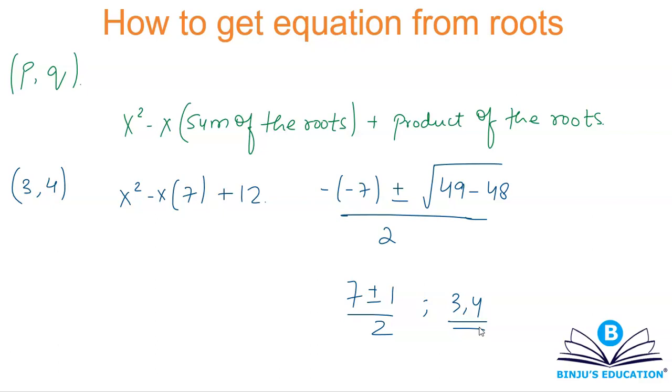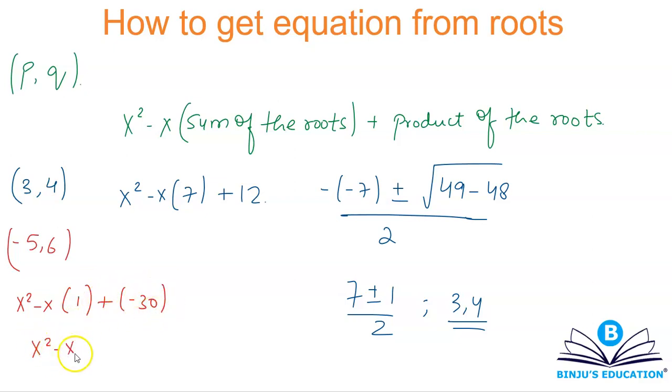If you want to get the equation from the roots, then the formula is x square minus x into sum of the roots plus product of the roots, and you will take the roots with their respective signs. For example, if I change my equation so that I have two roots as minus 5 comma 6, then your equation will become x square minus x, and the sum is 6 plus minus 5, that's 1, into product, that is 6 into minus 5, that is minus 30.